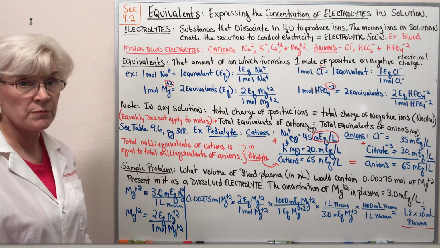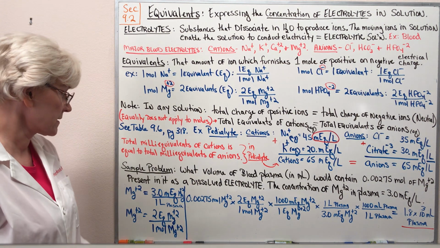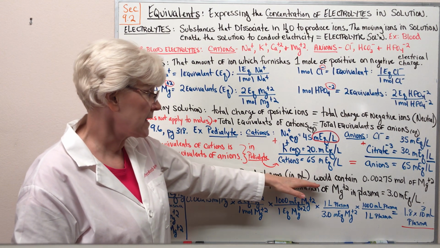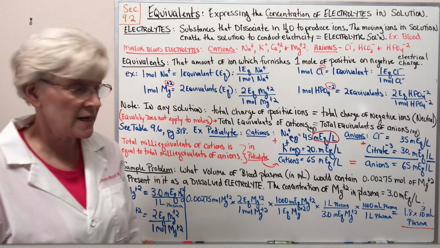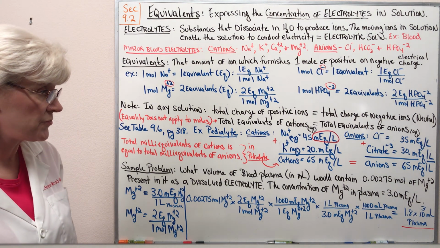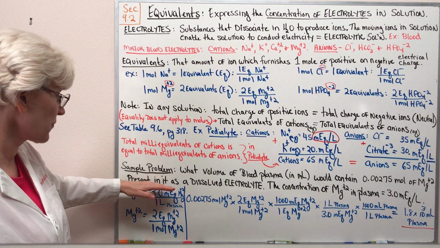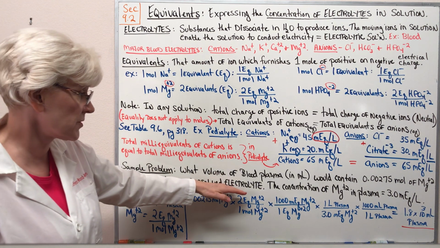Let's do an example problem to illustrate these concepts. What volume of blood plasma in milliliters would contain 0.00275 moles of magnesium ion present in it as dissolved electrolyte?